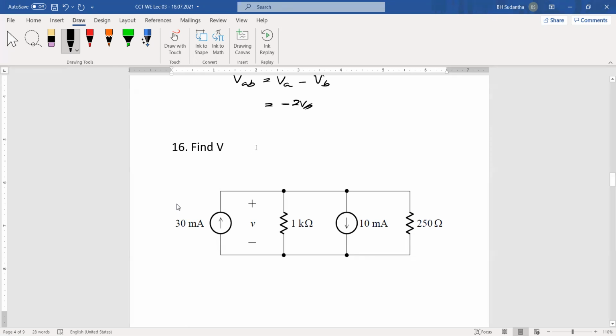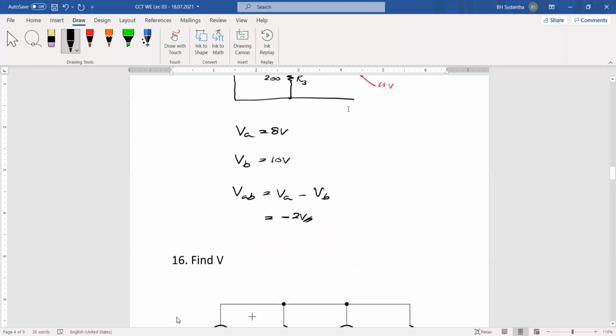We can try this question if you don't have anything coming from the previous question.